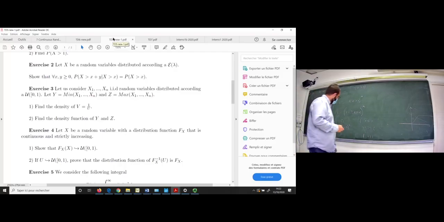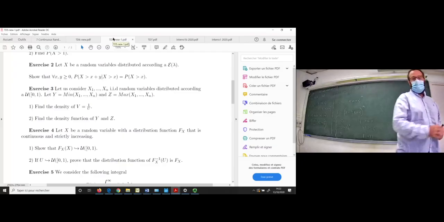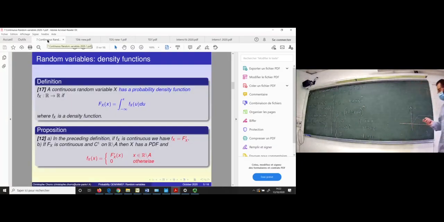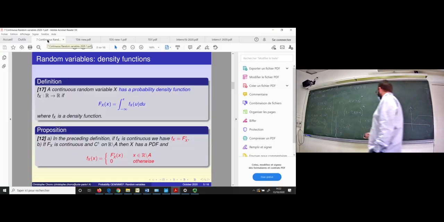And so I can apply once again my proposition 12. I have here a distribution function that is continuous, because 1 is continuous, 0 is continuous, this one is continuous, and at the possible points of discontinuity, so for x equal to 0, I obtain 0. For x equal to 1, I obtain 1. So I have something that is continuous here. And except maybe at 0 and 1, I have something that is very regular.